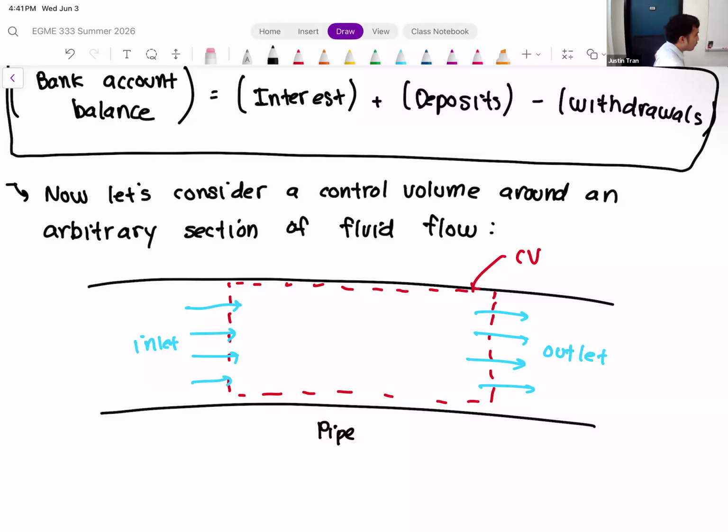All right. So now that we have our control volume here, what we're interested in formulating mathematically is an expression for the rate of change of some extensive property progressing through that control volume.